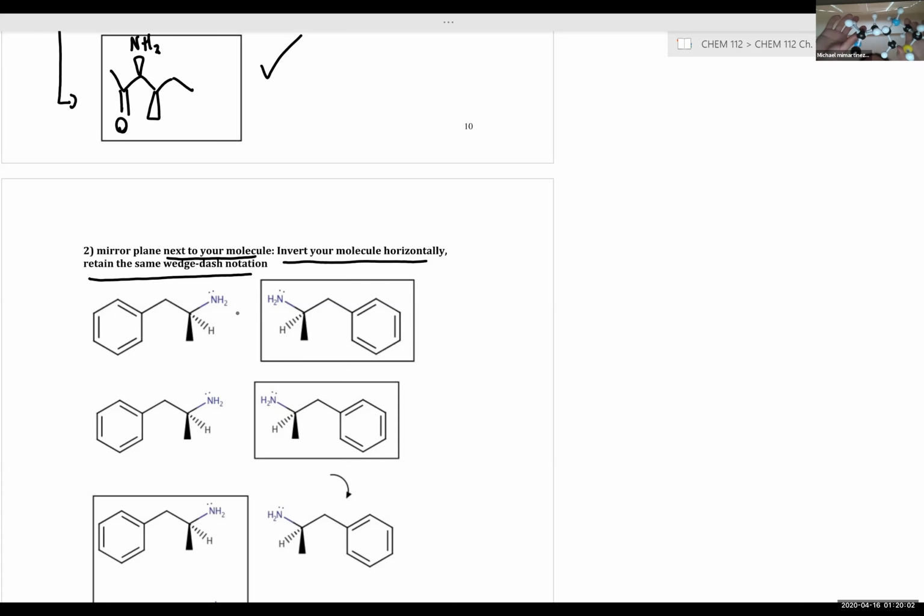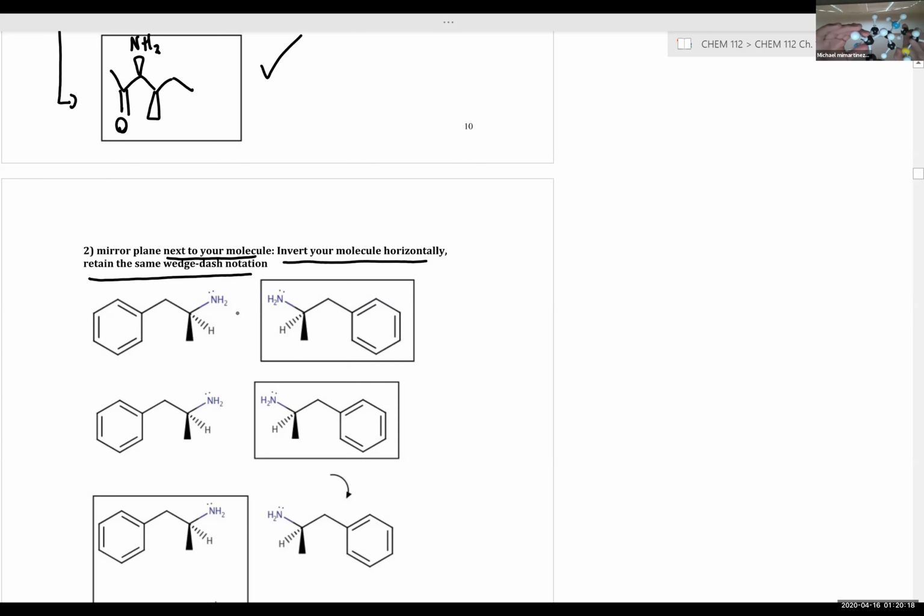So if we're just reflecting a molecule across the horizontal axis, how is this methyl group facing right now? Is it facing out of the page or into the page? How is this methyl group facing? Out.